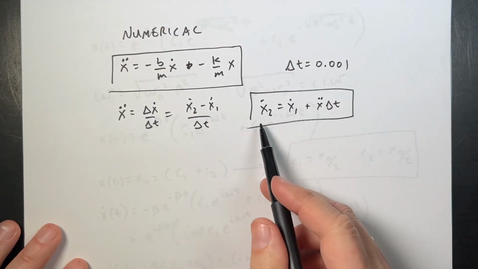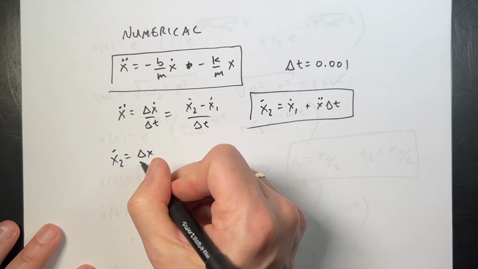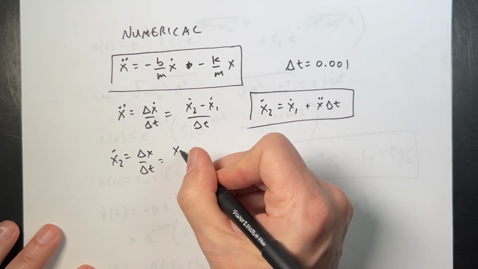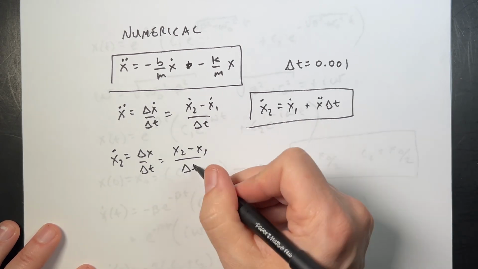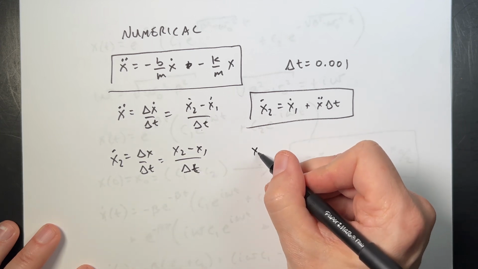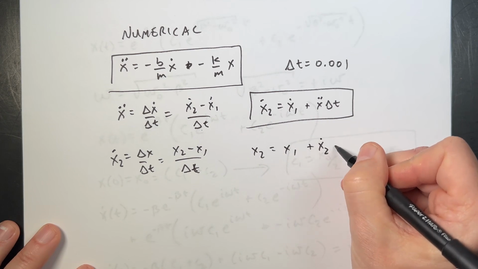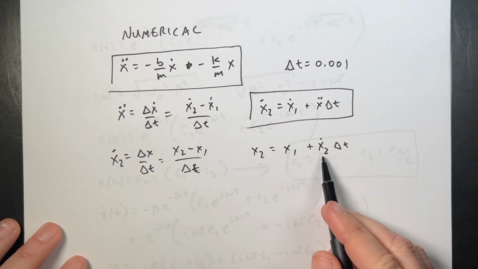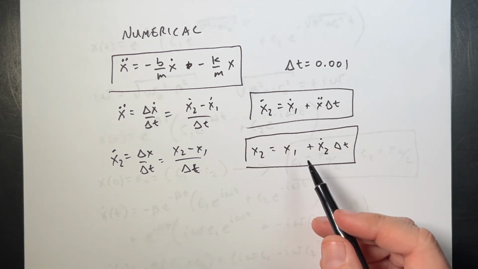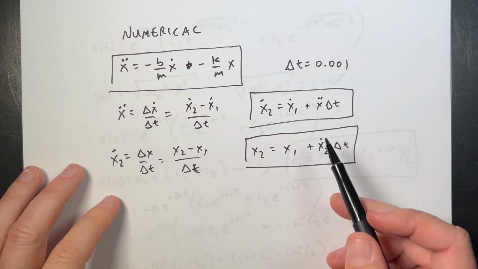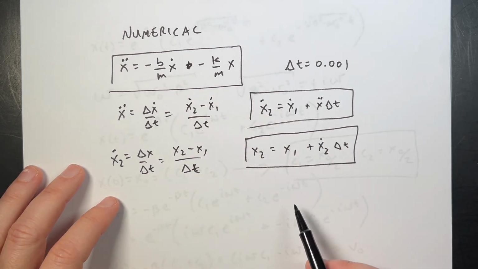Now I can assume x2 dot is constant. x2 dot is going to be delta x over delta t, or x2 minus x1 over delta t, and so this gives me x2 equals x1 plus x2 dot delta t. Now this is x2 dot because I just updated the velocity, so I'm using the velocity at the end, not the velocity at the beginning. This order of operations does indeed matter.